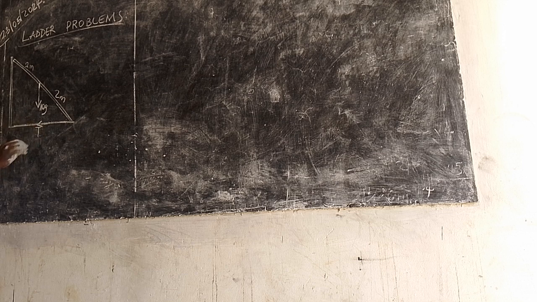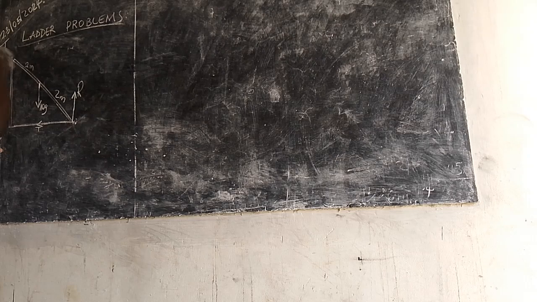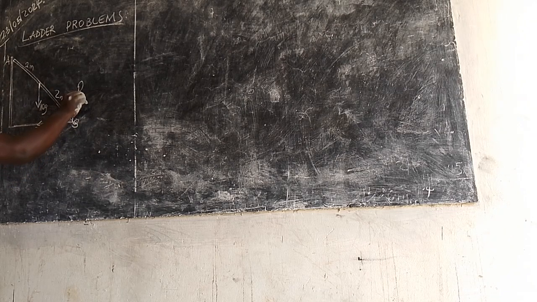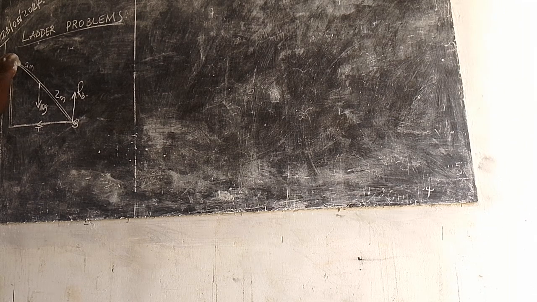Then where the ladder is hinged to the horizontal, there is a normal reaction, which I can call R. If this is A and this is B, this I can call RB. Then at the wall here, there is also a normal reaction, which I can call RA.